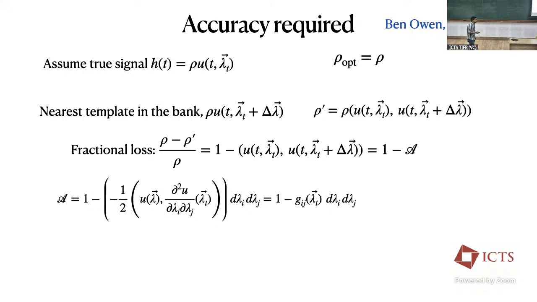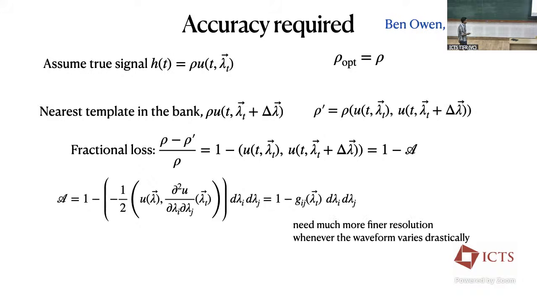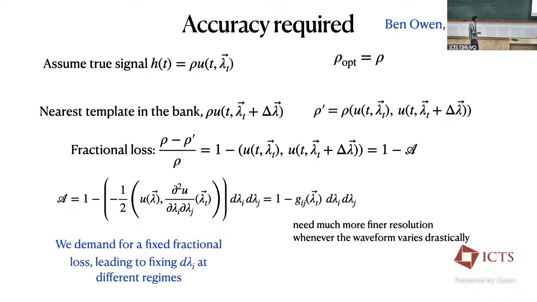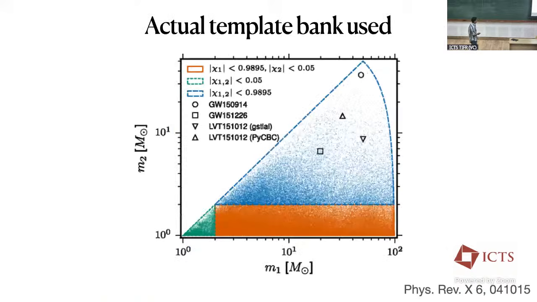In the other regions where your waveform does not change that much, coarse graining will also be fine. So you need much finer resolution when the waveform varies drastically. And we do it by saying that we want our mismatch to a particular level, and that leads to fixing the grid length differently in different regimes.